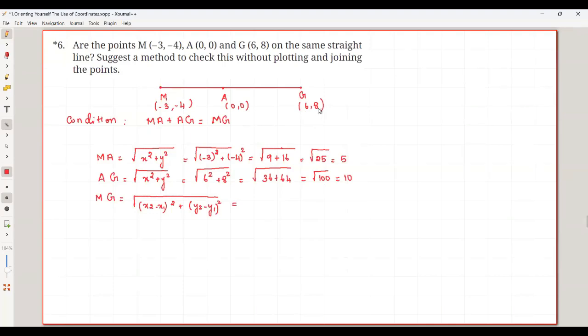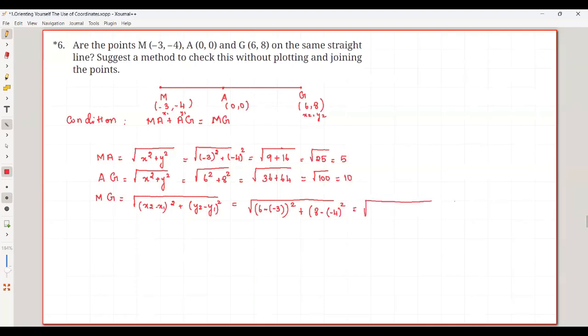If you're having confusion, just make a note of it. Applying it in the formula, x2 is 6 minus x1, which is -3, the whole square, plus y2, 8, minus -4, the whole square.